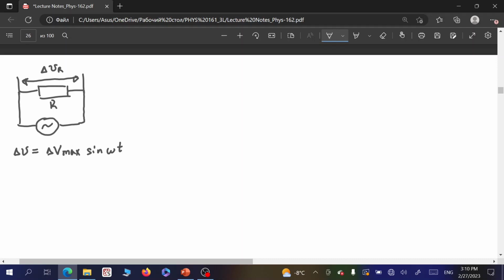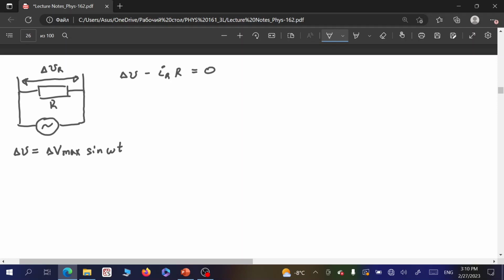So now if we apply the second Kirchhoff's law to this electric circuit, we can write that delta V minus i times the resistance of this active resistor should be equal to 0.